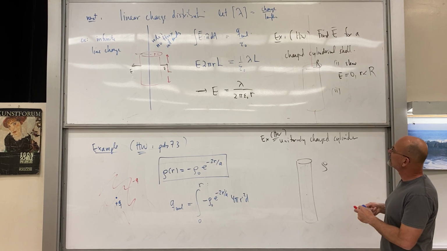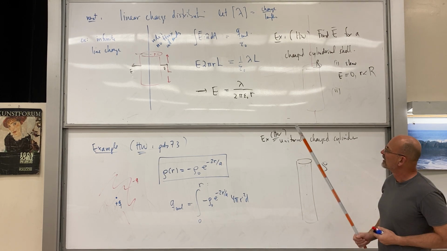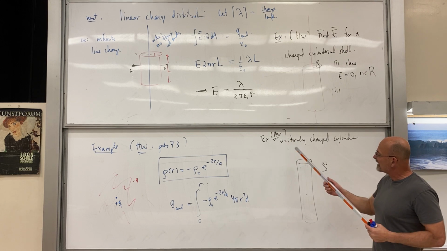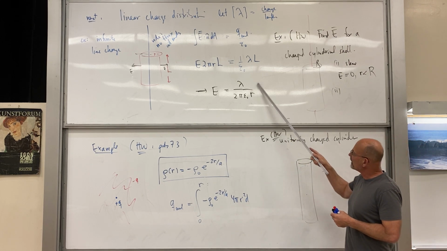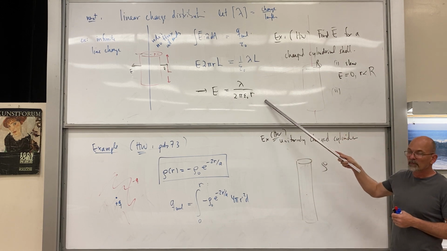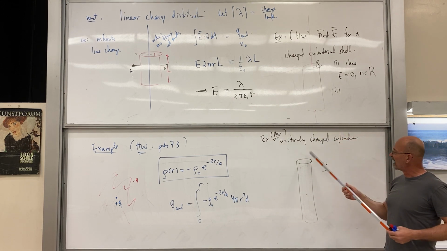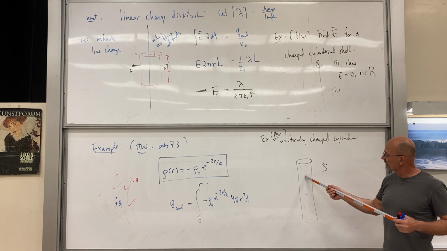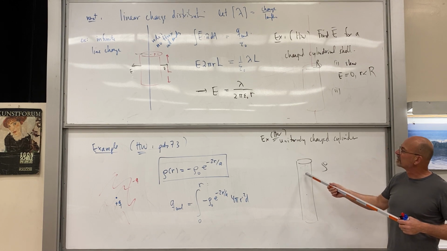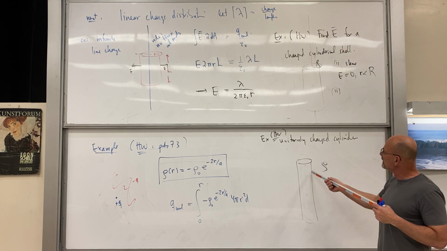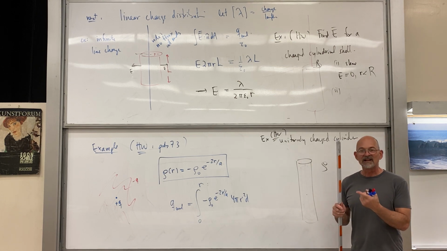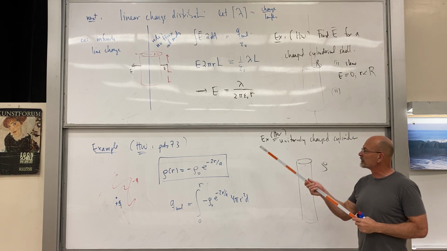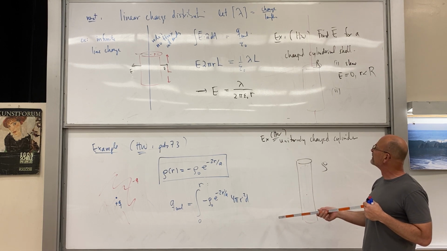Okay, that should be a good progression. It's analogous to the spherical one, and you know what your basic result is. It's got the 1 over R form. On the inside though, who knows what we'll get? I'll leave you in suspense, but you follow the analogous steps to the spherical one that we did.